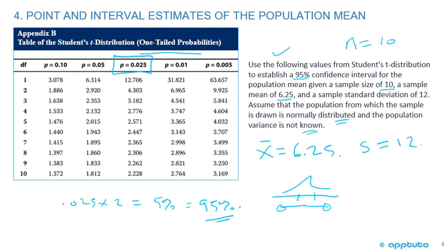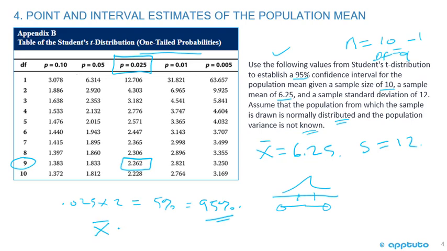So now we need to move to the degrees of freedom. Small sample size, but it's normal, so that's good. The degrees of freedom is n minus 1, so the degrees of freedom is going to equal 9. So we're going to use this row. So now we know our reliability factor is going to be 2.262.